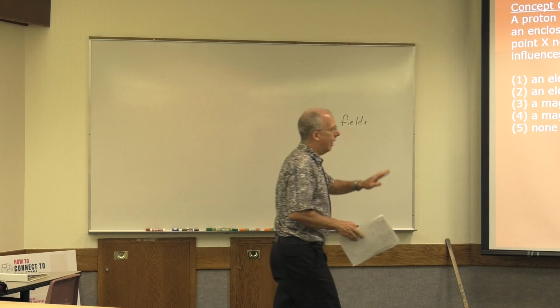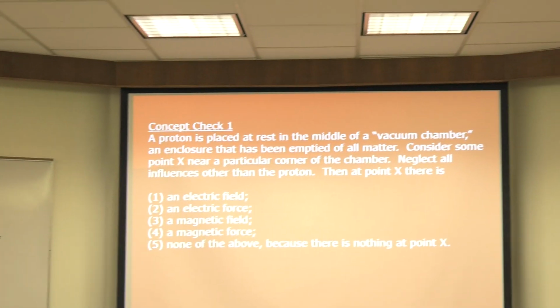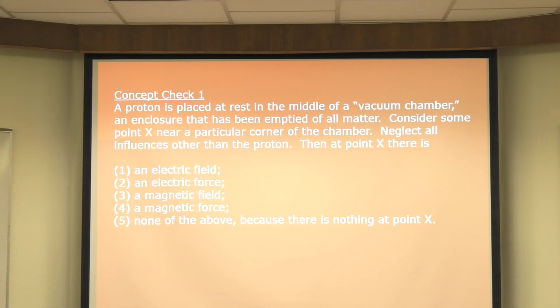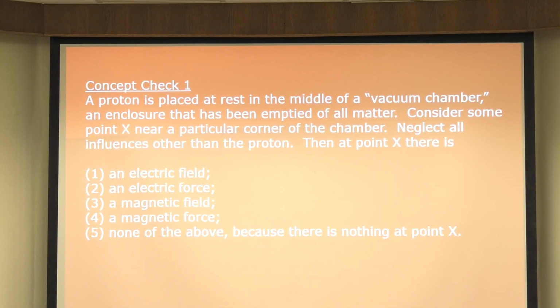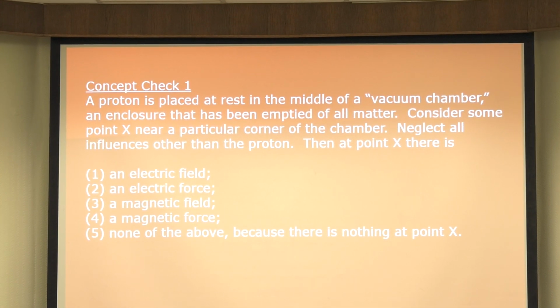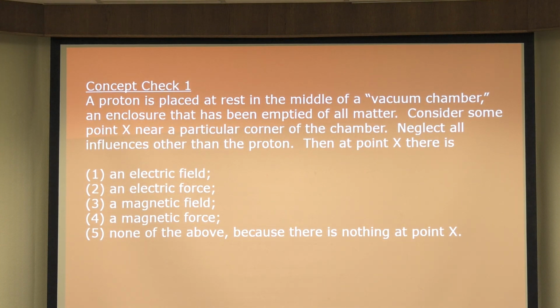Now, you may think you have no clue about this, but if you just think about it, you'll be able to do it. A proton is placed at rest in the middle of a vacuum chamber, an enclosure that's been emptied of all matter. Let's say this room is a vacuum chamber, so there's no matter in this room at all. Just pretend. Consider some point X near a particular corner of the chamber.